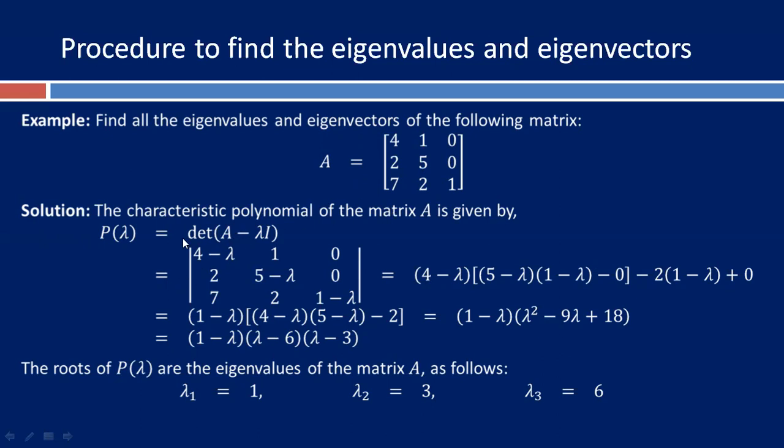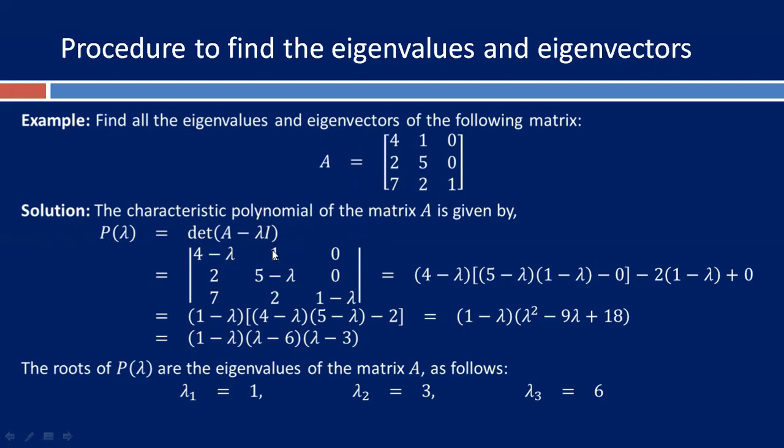Then the second step is to write the characteristic polynomial. Its notation is P of lambda. P of lambda is equal to the determinant of A minus lambda I, and you know this bar represents the determinant. What is I here?